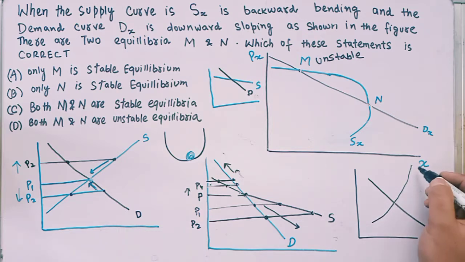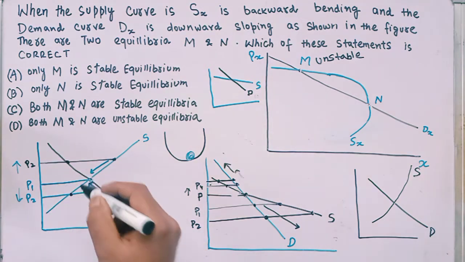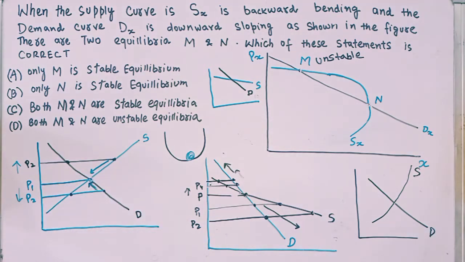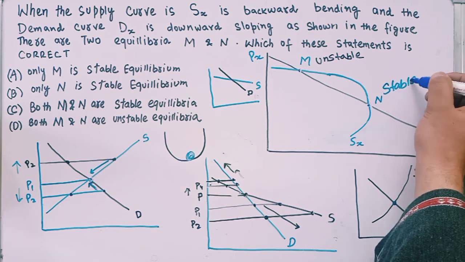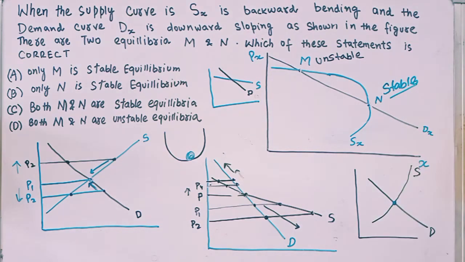So we have this very situation, and we can say we have a stable equilibrium at point N. We have a positively sloped supply curve and a negatively sloped demand curve.